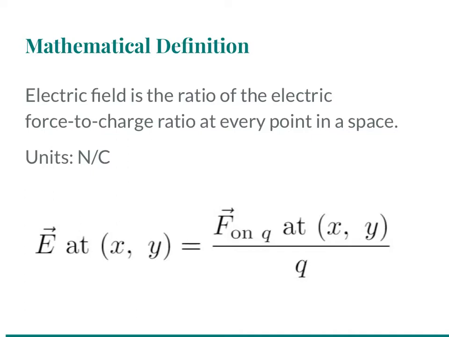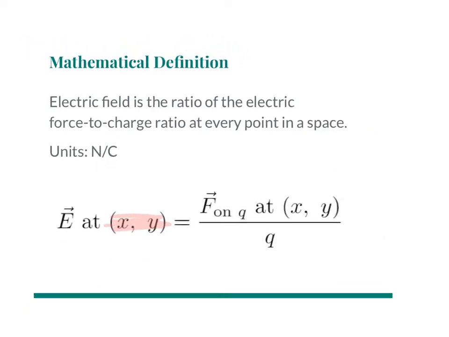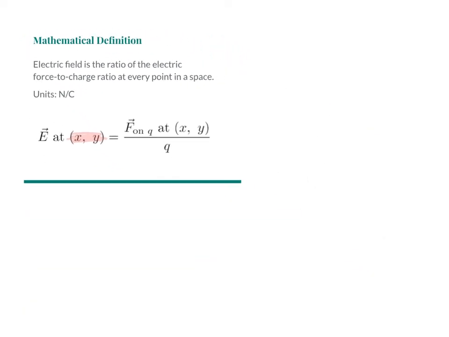The electric field at some point xy is equal to the force on a charge at xy divided by that charge. So if you remember back from Coulomb's law, we had force equals 1 over 4 pi epsilon naught Q1 Q2 over R squared.